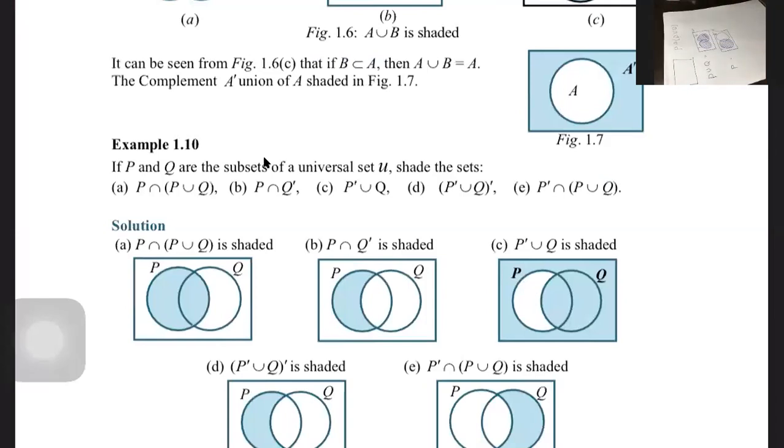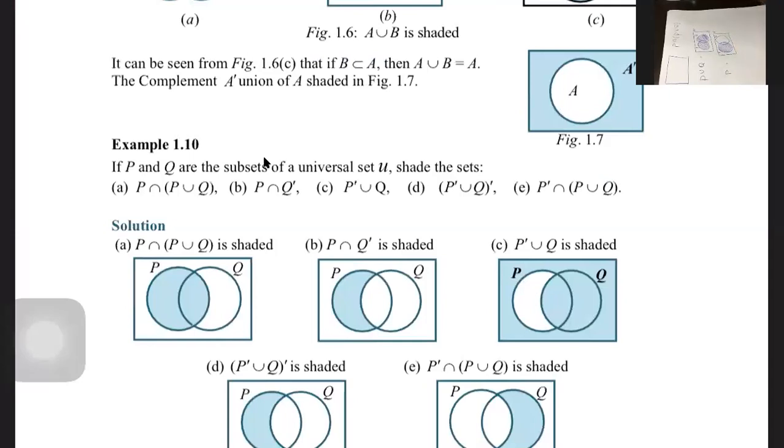P intersection, in bracket, P union Q. Now we know that intersection is something that belongs to A and at the same time belongs to B. Look at these diagrams. It is easy for you to identify that it is only this portion that belongs to this part and also belongs to this part.